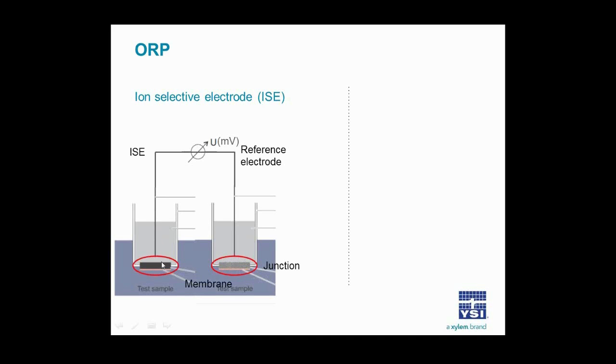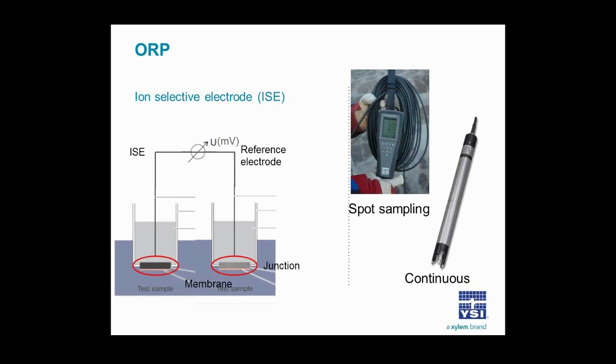The difference in millivolts between these 2 electrodes then establishes what the oxidation reduction potential is, and it could be positive or negative. Again, there are continuous and spot sampling applications for ORP measurement. The continuous probe is shown on the bottom right, and it's very easily incorporated into a spot sampling instrument as well.